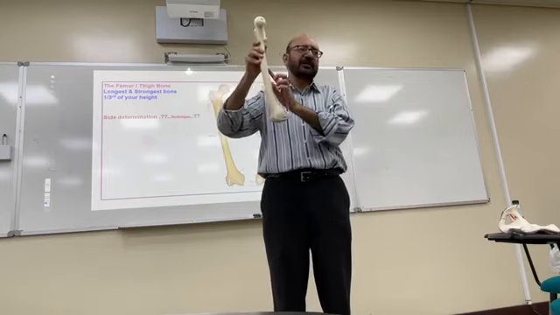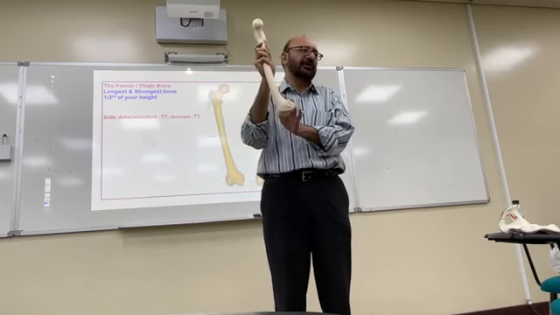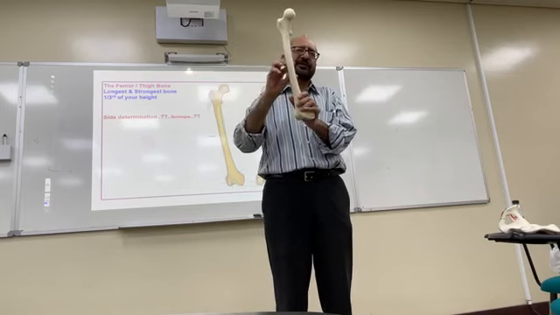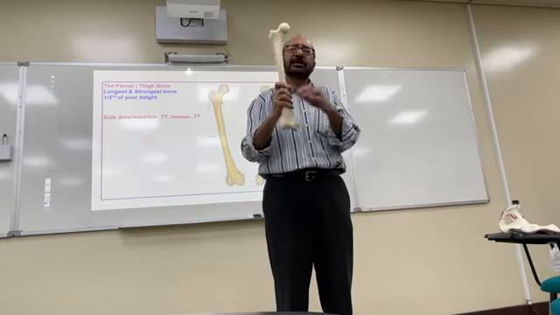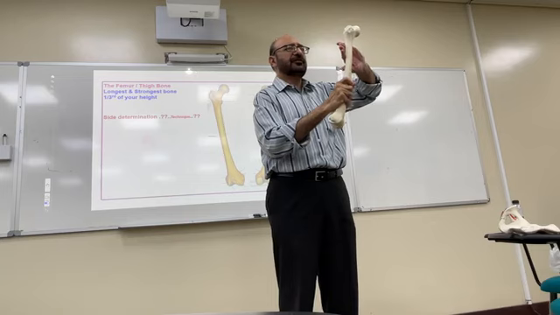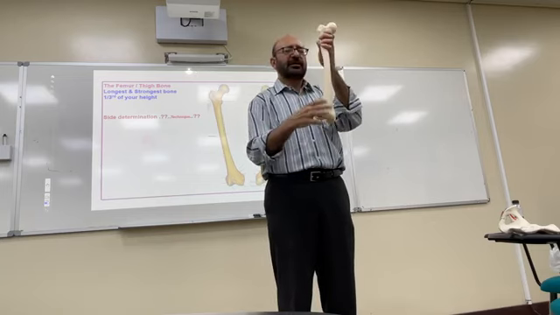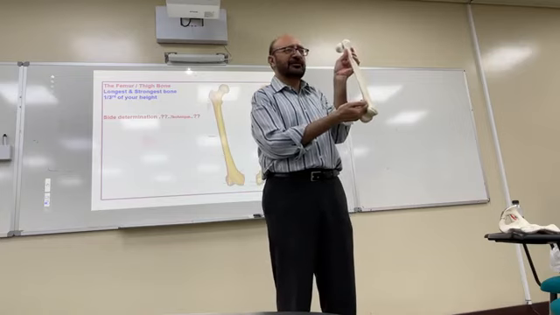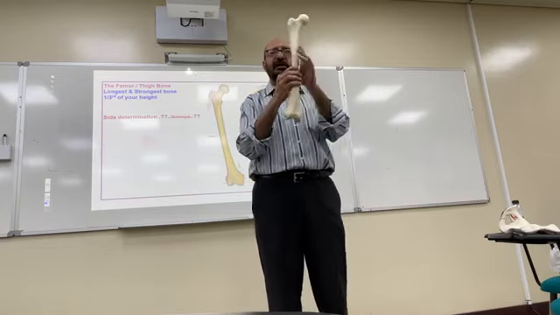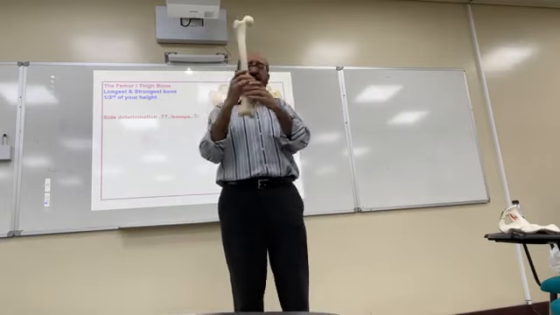We can see clearly, otherwise it's flat here, even flatter here. So we have 3 borders in the middle and 4 surfaces: the anterior surface, the posterior or popliteal surface, the medial surface, and the lateral surface. Good? Then we have 2 condyles.